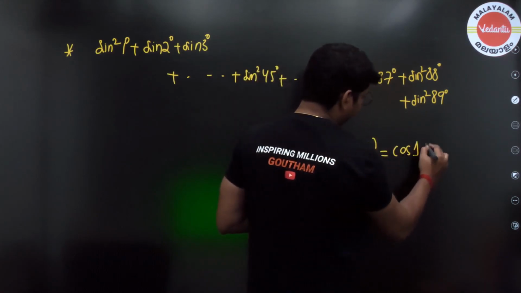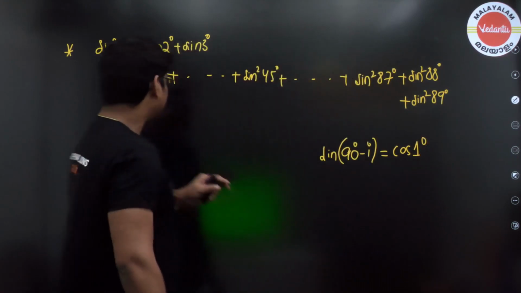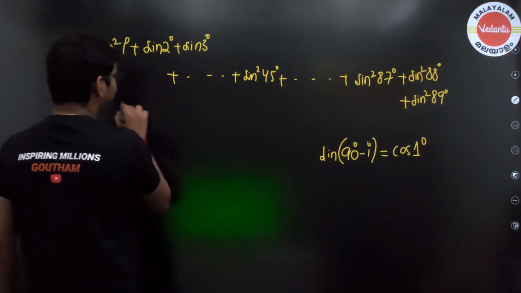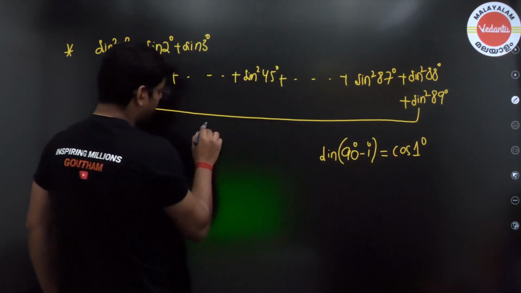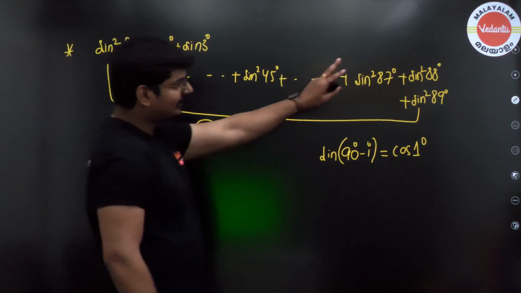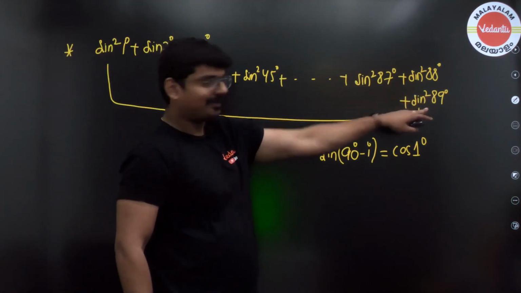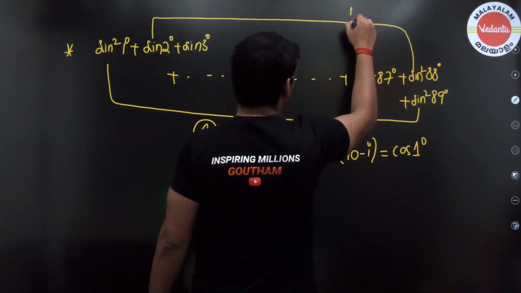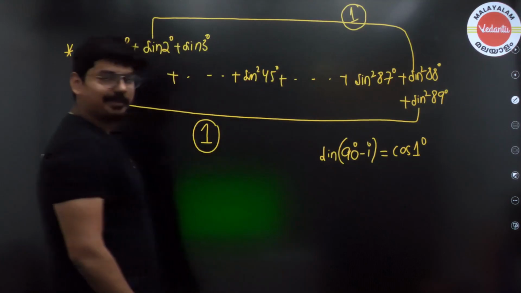So this can be written as cos 1 degree. So sine square 1 plus cos square 1 is simply going to become 1. Similarly, sine square 88 is cos square 2 according to this logic, and sine square 2 plus cos square 2 is also going to become 1, right?